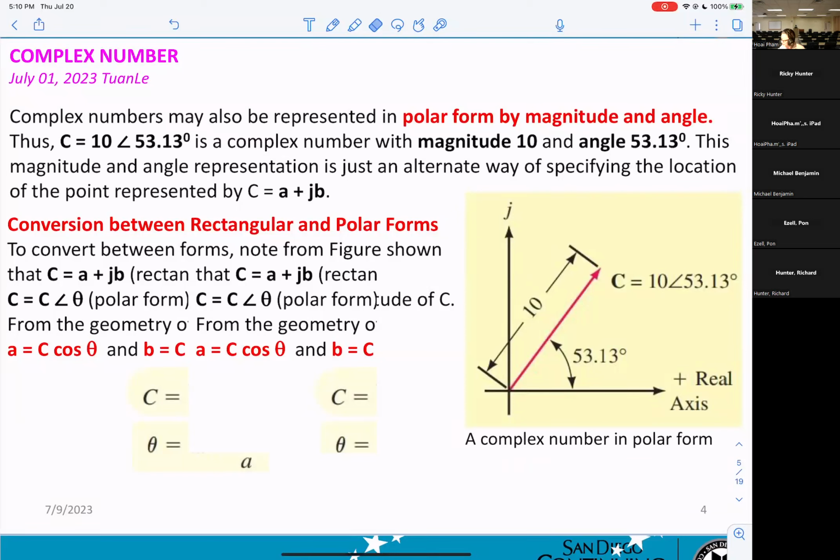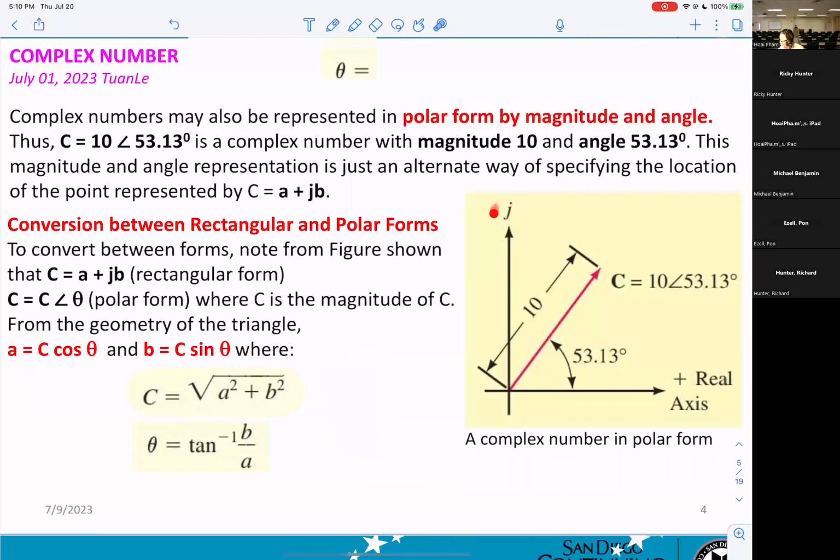Now you see that A will be the real number, and that stands for J, the imaginary part. C equals C angle theta in polar form, where C is the magnitude of C right here.